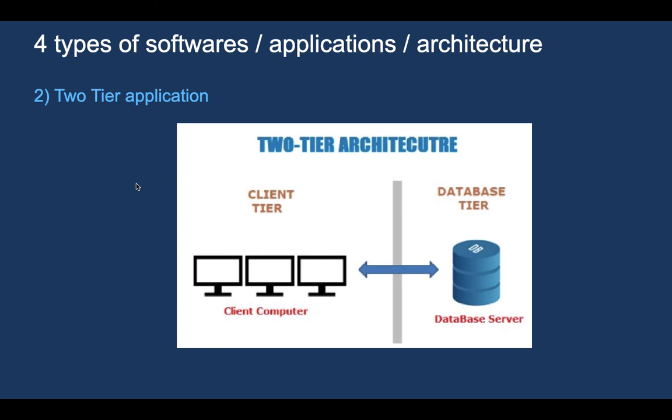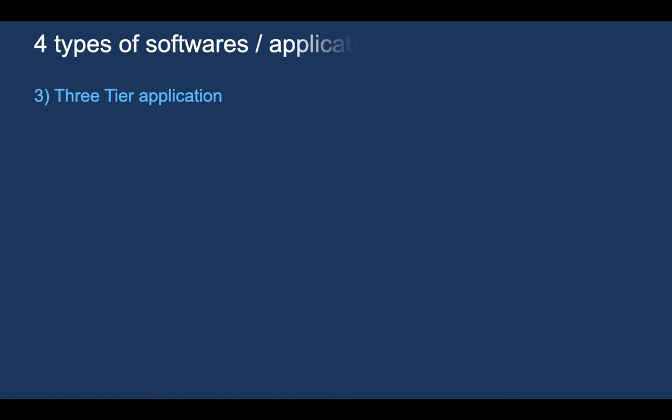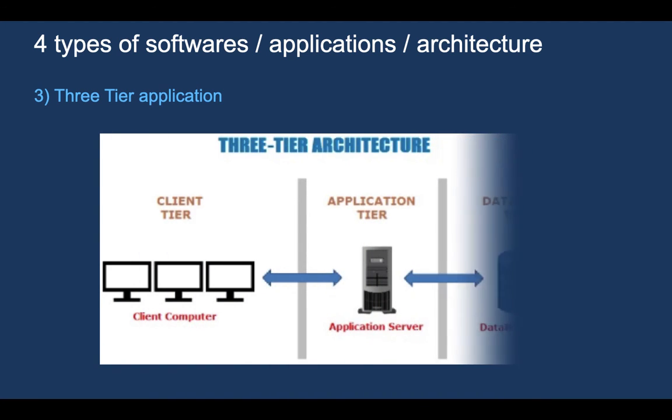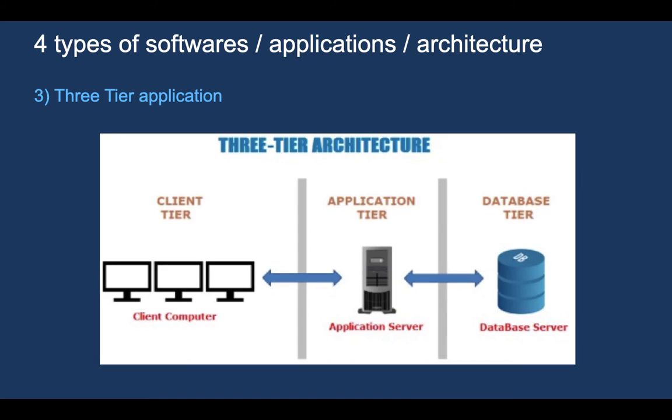Now if you understand this much, then I am sure it is very easy for you to understand the three tier application. Come on, if you want, pause the video and decide in your mind what it could be. So very simple. In a three tier architecture there will be three different computers, three different machines.